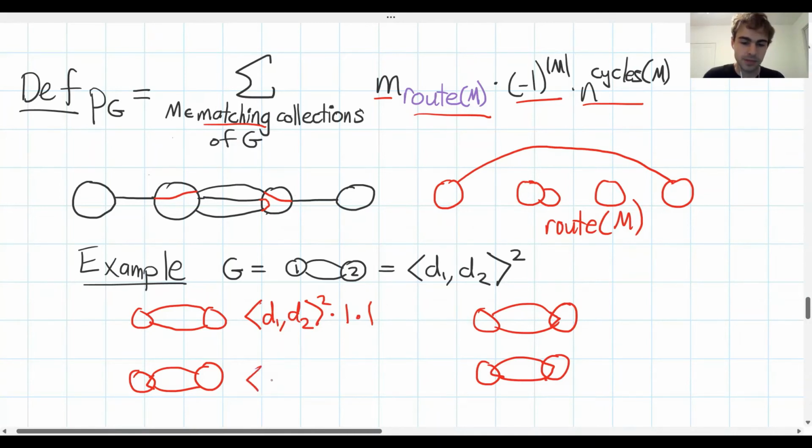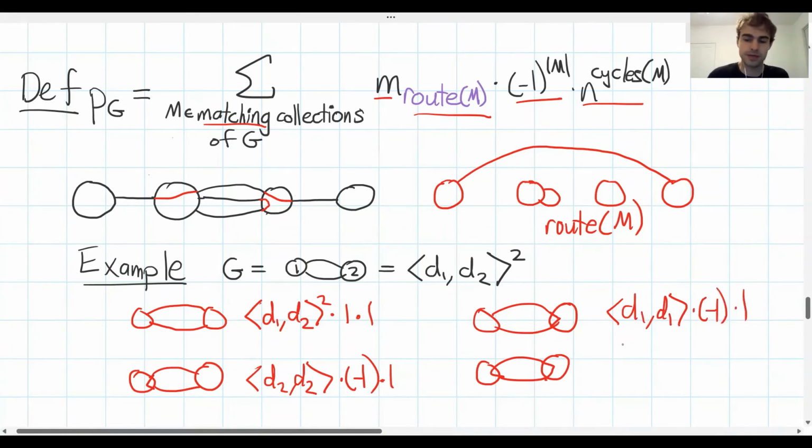For this second term, the routed graph looks like d2, d2. The sign is -1 because we matched one thing, and there are no closed cycles. So again, this is 1. Third example, we have d1, d1 for the routed graph, -1 for the sign, and again, 1 because there are no closed cycles. In this last graph, the routed graph is the trivial graph with no edges, so that's 1.